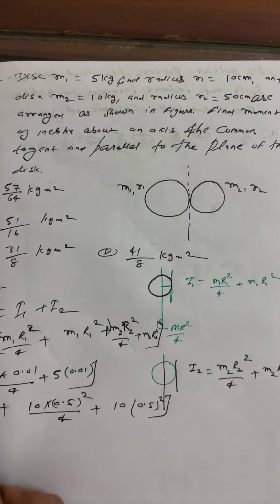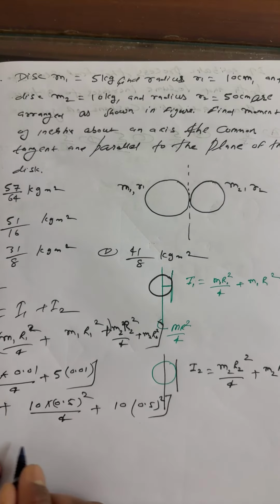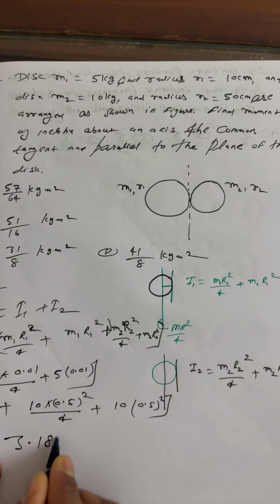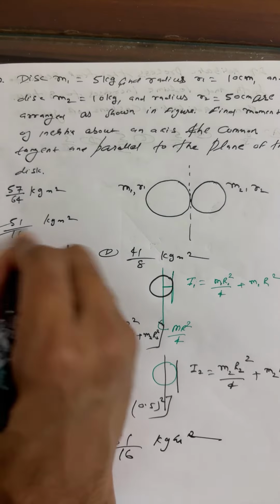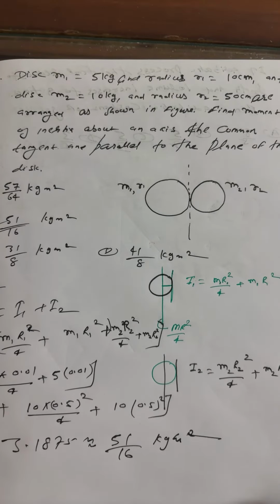Finally, we can solve here. You will get 3.1875, which is approximately 51 by 16 kilogram meter square. Hence, option B is correct.